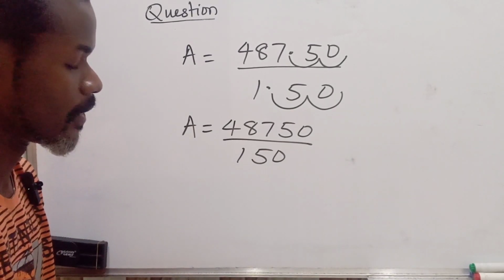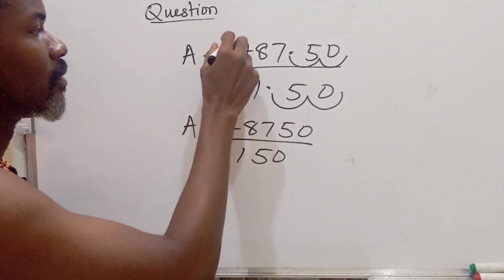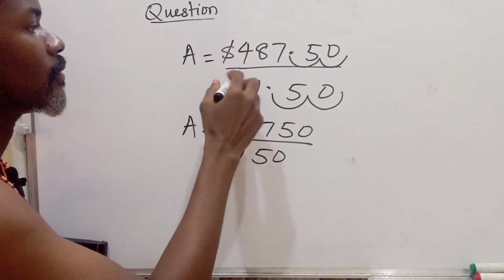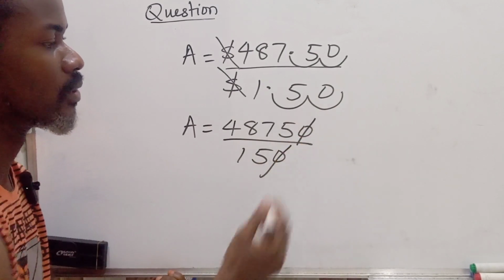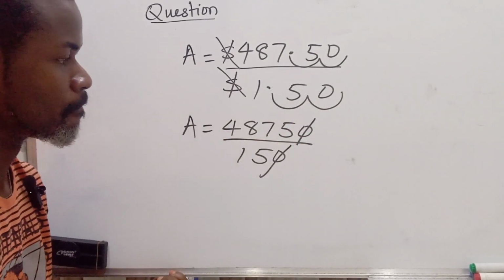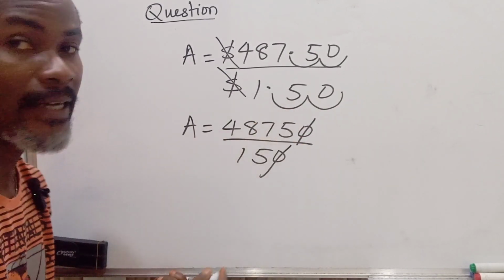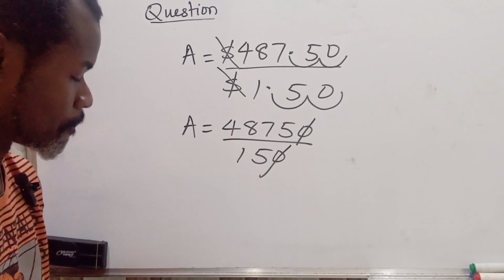Whatever value we get gives us our answer. Remember, the dollar will cancel the dollar. Now 0 will cancel 0 here. So we are left with this. Let's quickly divide this and see what we are going to get.